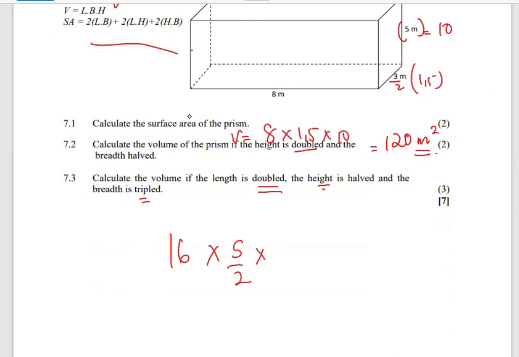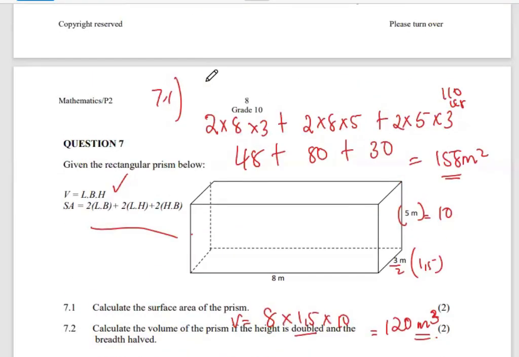So it's going to be 3 times 3, which is a 9. Okay, multiplying that together, we have a 16 multiplied by 2,5 multiplied by 9. It's giving me 360 meters cubed. Volume is meters cubed, please. Surface area is the meter squared.